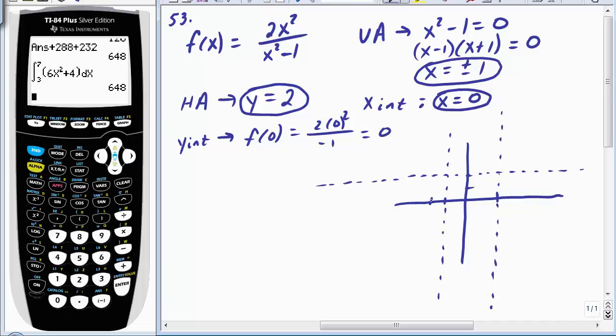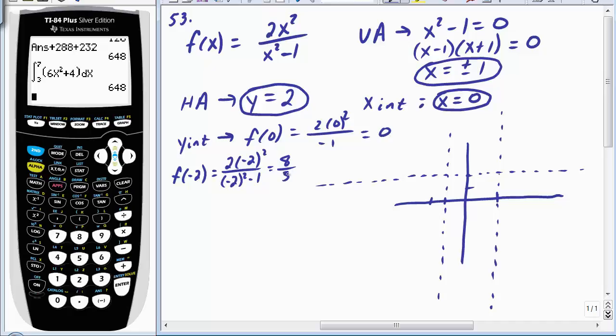If I plot f of negative 2, that's going to give me 2 times negative 2 squared over negative 2 squared minus 1. That's going to be 2 times 4, an 8 in the numerator. And in the denominator, 4 minus 1 is 3, so 8 over 3.